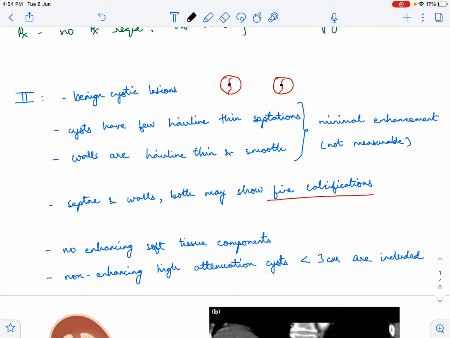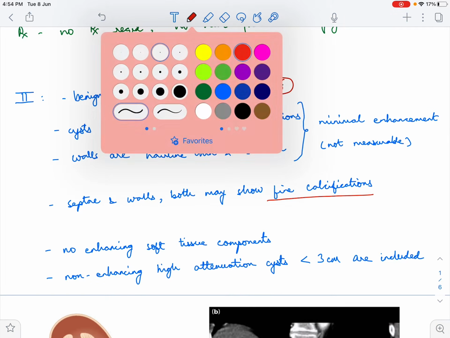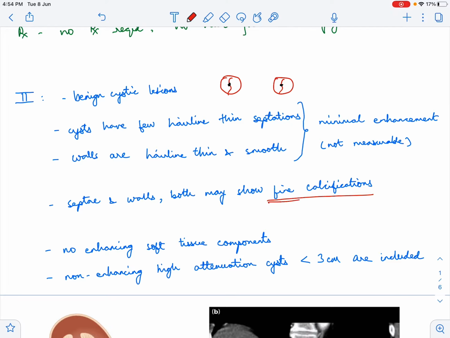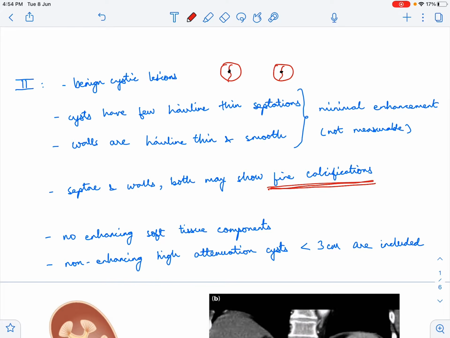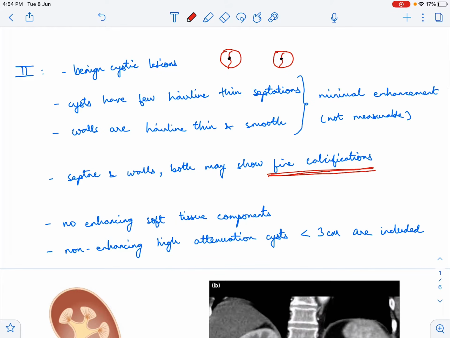Now the key word here is calcifications. So they show fine calcifications. The moment the word calcification comes, it is grade 2 or bigger. The soft tissue components do not enhance. And if there is a high attenuation cyst less than 3 centimeters, it is included in category 2 itself.